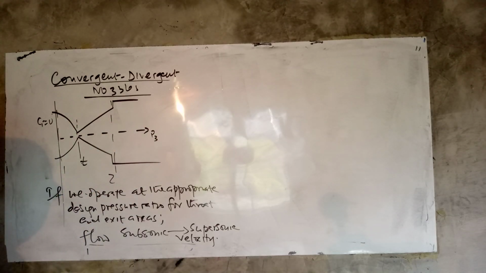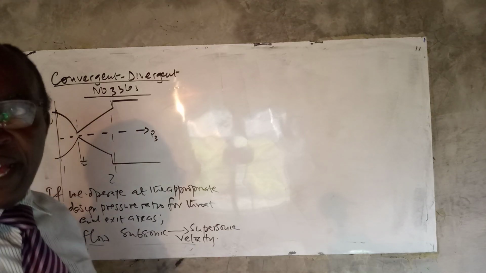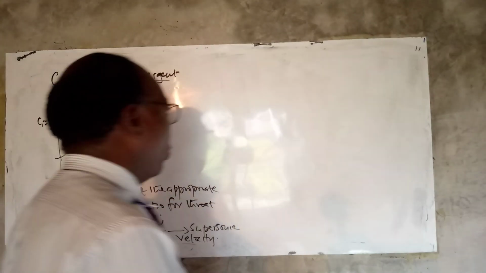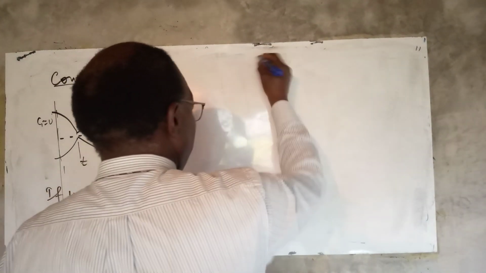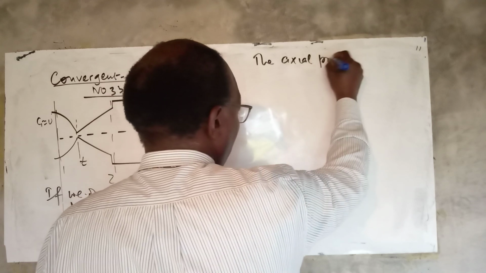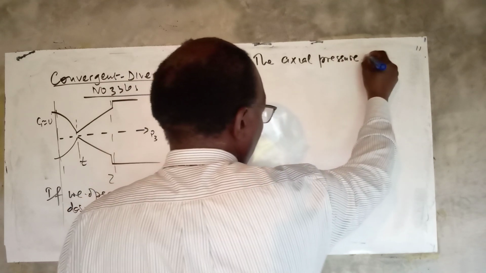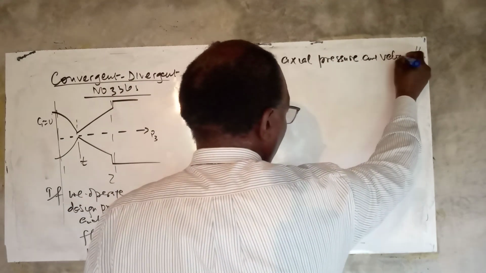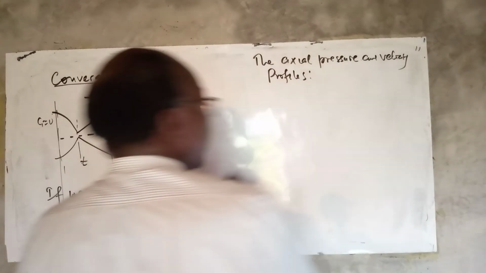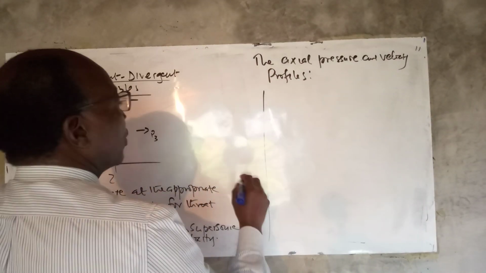Now, in that particular case, the axial pressure and velocity profiles will be given as follows. Let's see how they look.